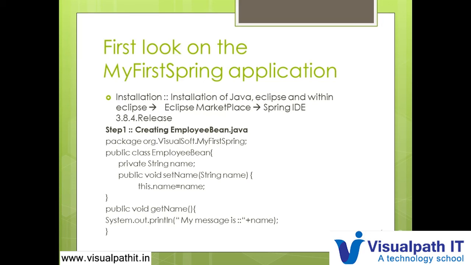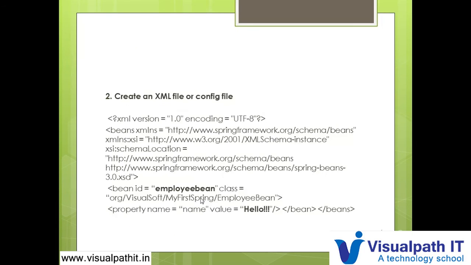So let's take a class, public class EmployeeBean, private String name. Just like Java beans, we are using getters and setters here, where the setter is setting this.name equal to name, and getName is printing the message, whatever I want to print, I am printing here.